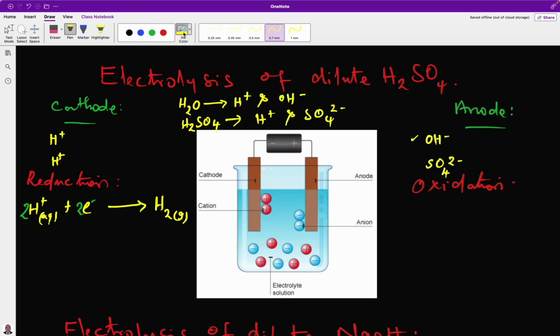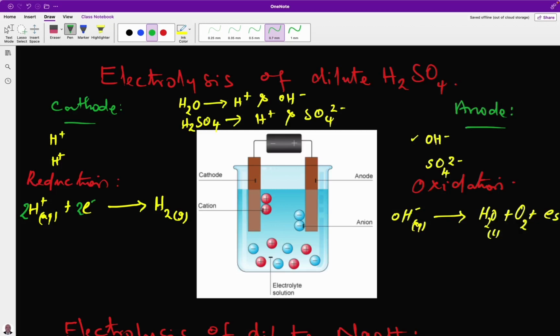The equation is like this: OH loses electron to form water, and oxygen is released, plus electrons. We don't know the number of electrons. Let's see how we can balance it.